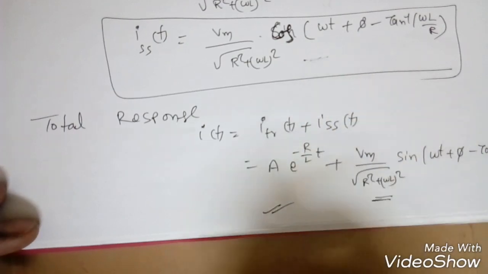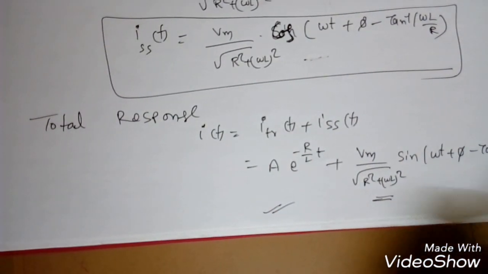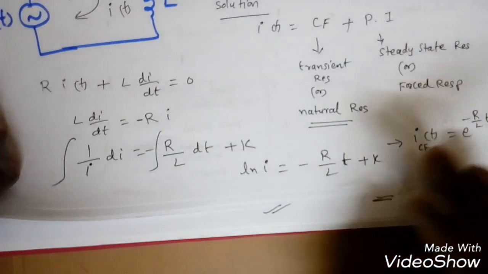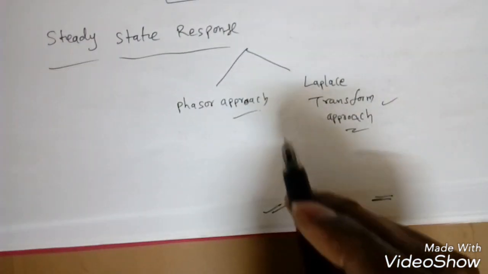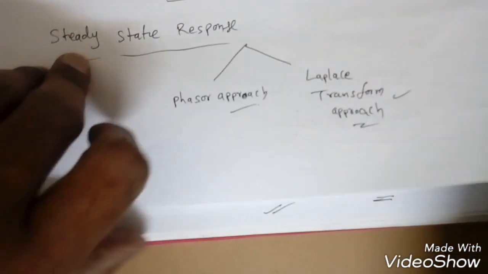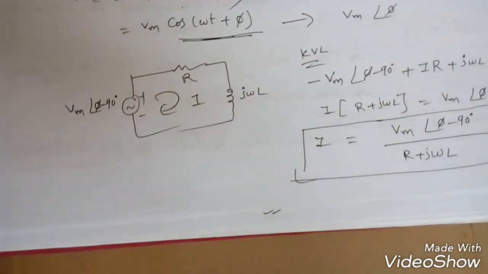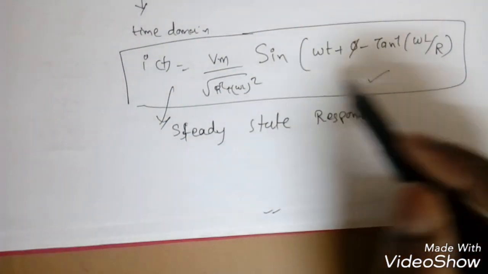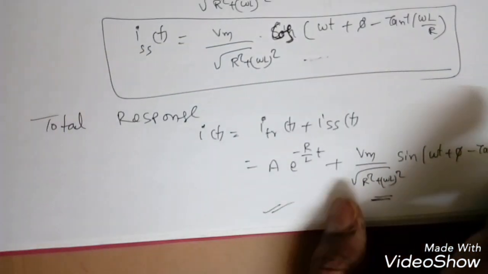So this is the sinusoidal steady state analysis. Remember we will get transient response also, but the moment they ask what is the steady state response, the transient response will become 0 after five time constants, then only we will get the steady state response, which is this one, right? So this is how to find the steady state response.